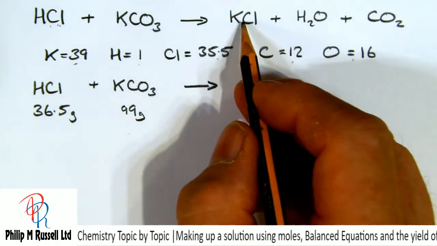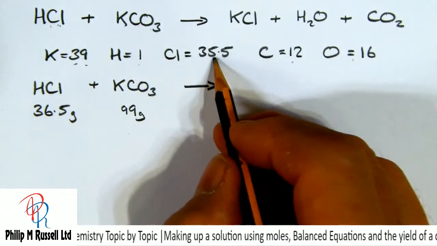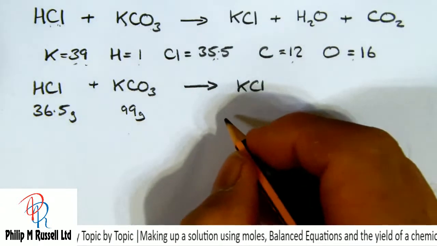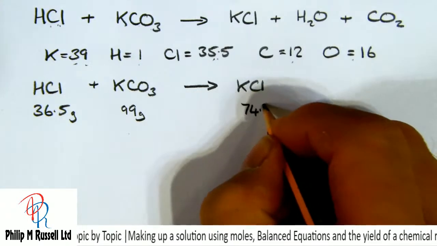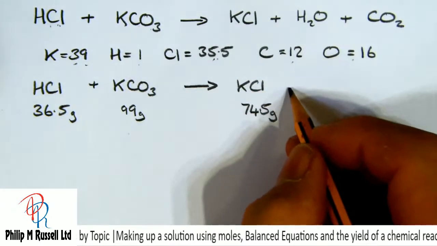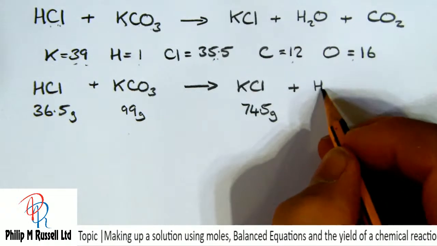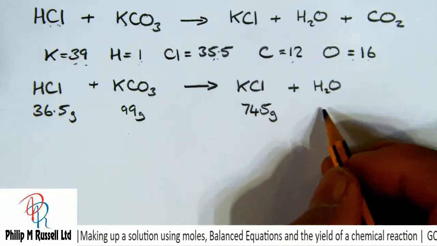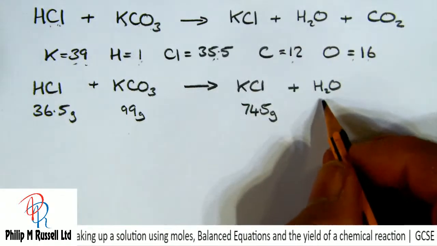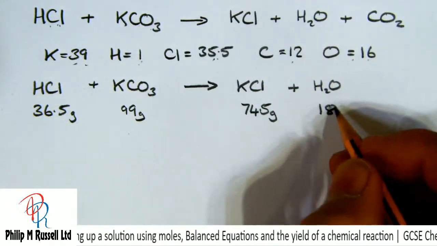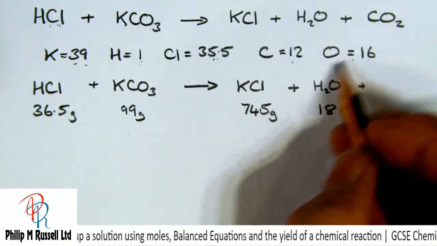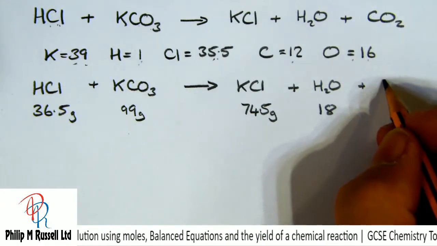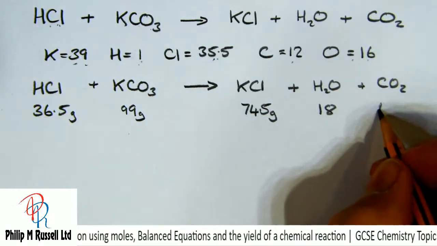This will react to give me KCl. 39 plus 35.5, that's going to give me 74.5, plus water, which is going to be 16 plus 2, which is going to give me a simple answer of 18, plus we've got CO2, which is going to give me a simple answer of 44.